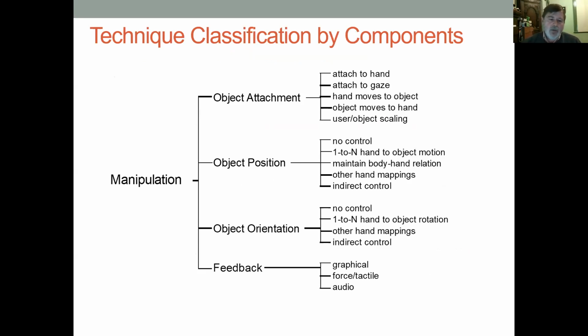So what we have here is object attachment: when we select something, how are we going to then manipulate the object? We have object position, where we want to position the object, and object orientation, where we want to change the orientation of the object, and we want to have feedback.